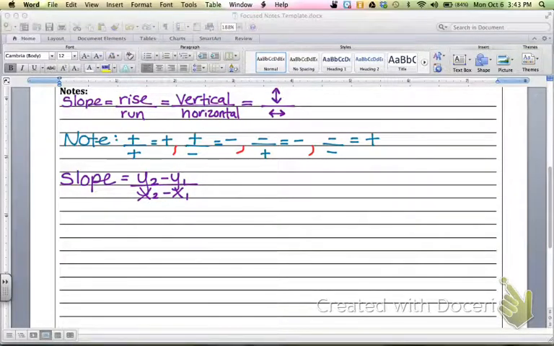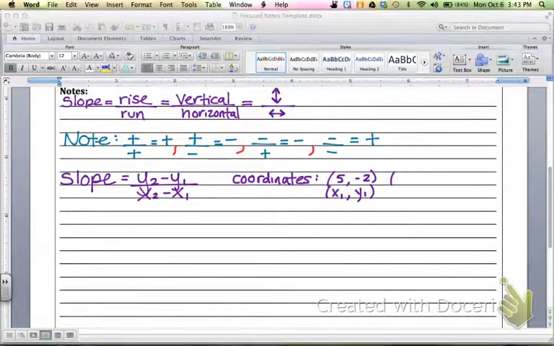And we see this when we have a pair of coordinates. Like in the example we're about to do, you'll see something like 5, negative 2, and that would be x1, y1.